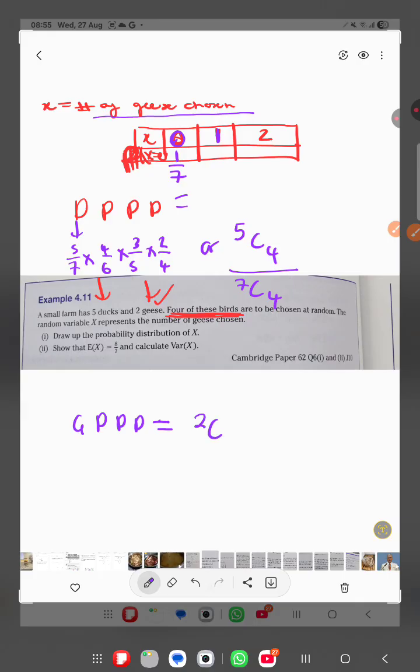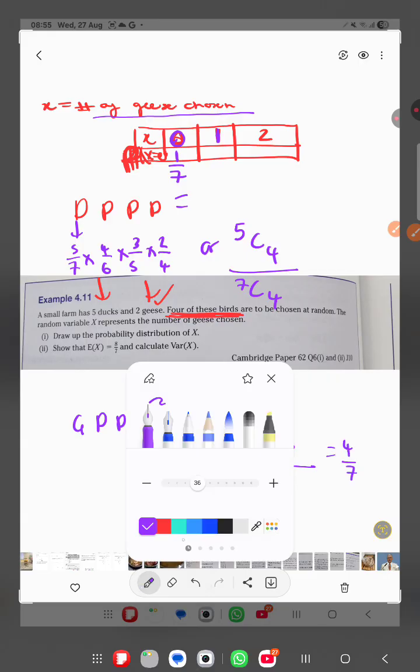So I could have 2 choose 1, 2 geese choose 1, times 5 choose 3 ducks, out of unrestricted, which is 7 choose 4. 2 choose 1, 5 choose 3, over 7 choose 4, and the answer should be 4 out of 7.